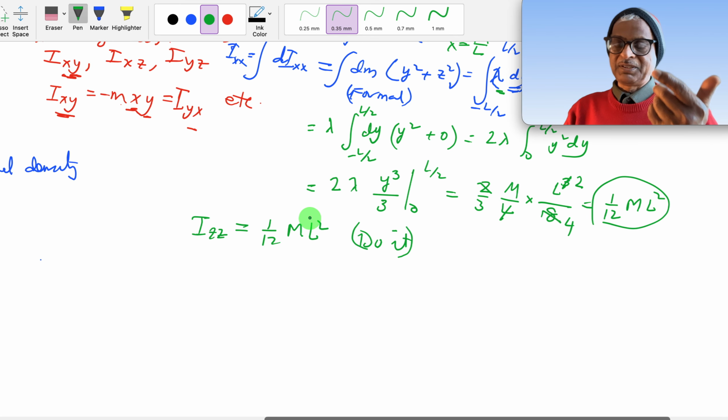So what we got is, I have the x-axis here, y-axis here, and z-axis here. If the rod was like that, then we got Ixx equal to 1/12 ml square, and 0 for all the others.